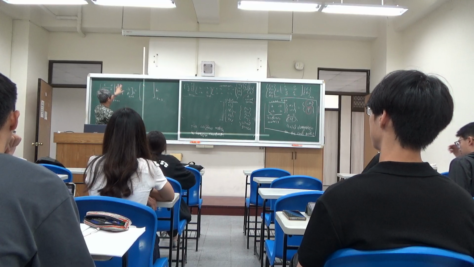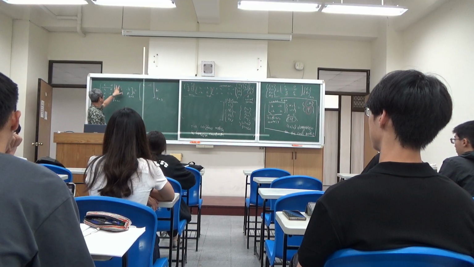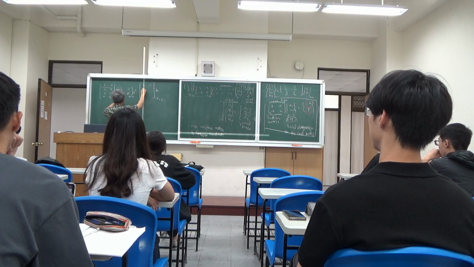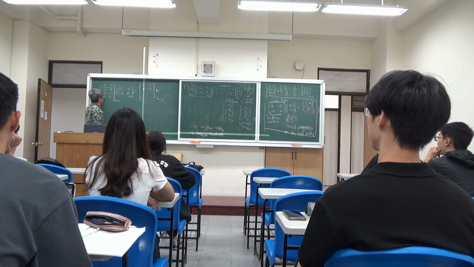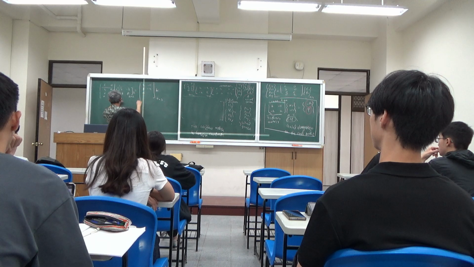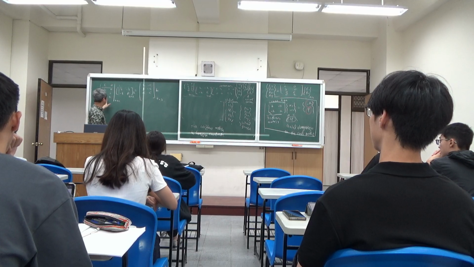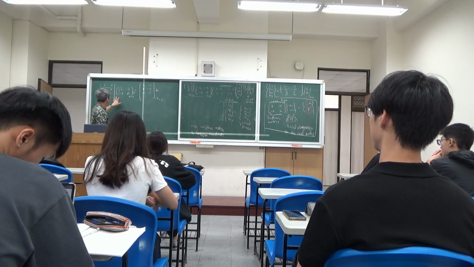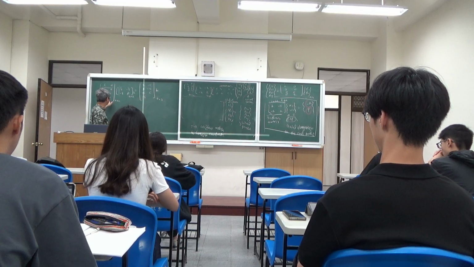First row, second column, you have minus C. Second row, first column, you have S. Second row, second column, you have minus S. Third row, first column, you have minus C. First row, second column, you have positive C. Fourth row, first column, you have minus S. And then what do we have next?